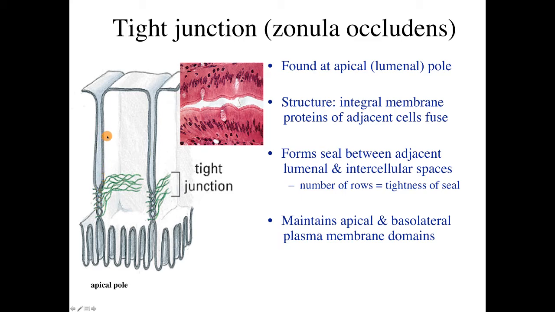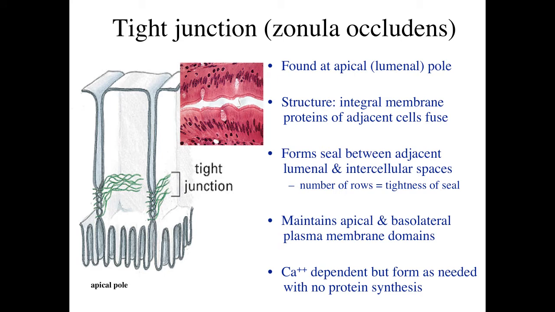And likewise, proteins in these basal or lateral domains can float freely between these domains, but they can't pass these tight junctions to get into the apical domain. So the tight junctions are maintaining very distinct plasma membrane domains. These tight junctions depend on calcium. They'll form as they're needed, but they don't require protein synthesis.